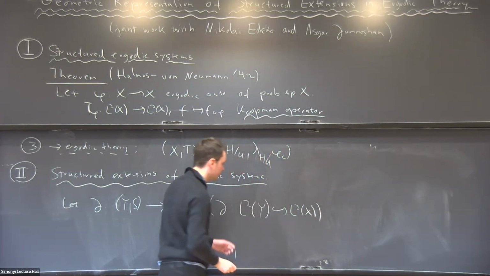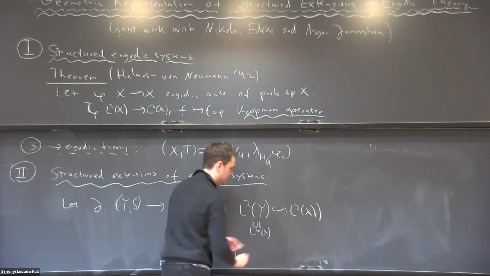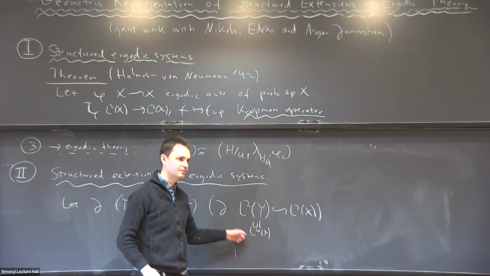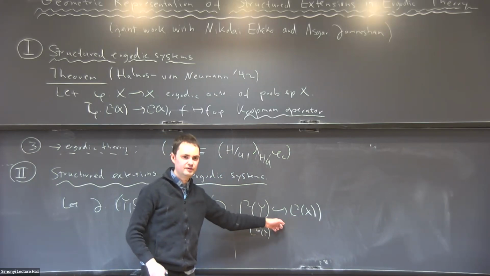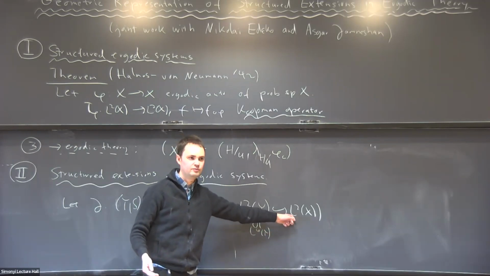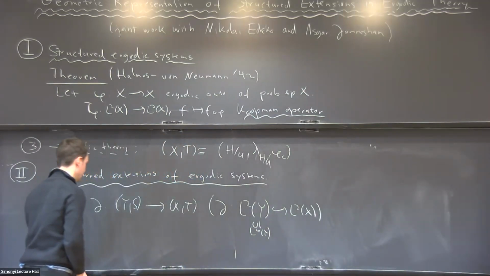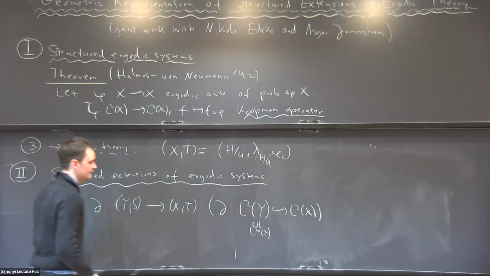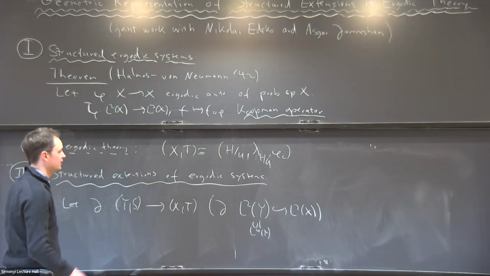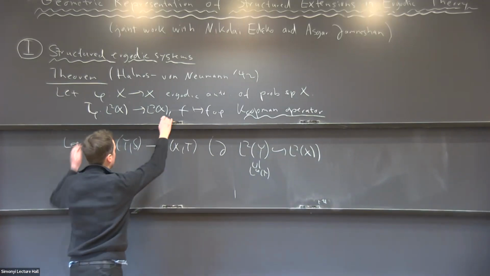So in particular, I can multiply elements of L2 of X with elements of L infinity of Y just by plugging them into J, transferring them, and then multiplying. In this way, L2 of X becomes, in a canonical way, a module over the algebra L infinity of Y. So there is a suitable generalization of the concept of discrete spectrum, which was already used by Furstenberg. I will write down what it means now.